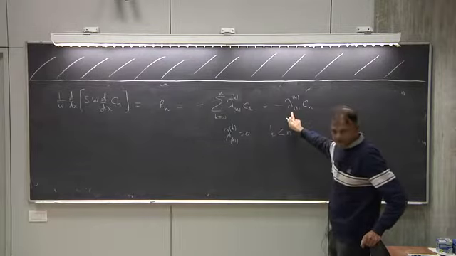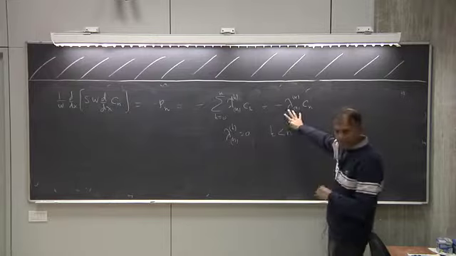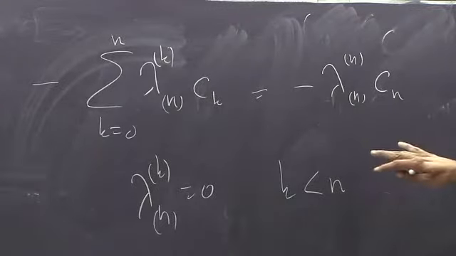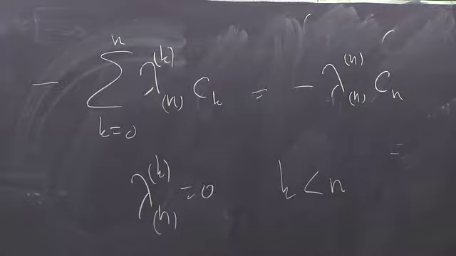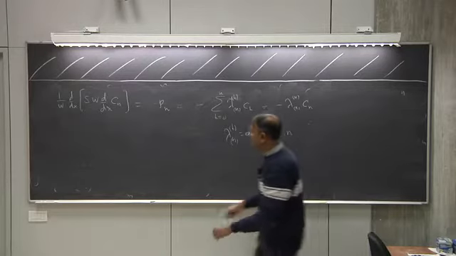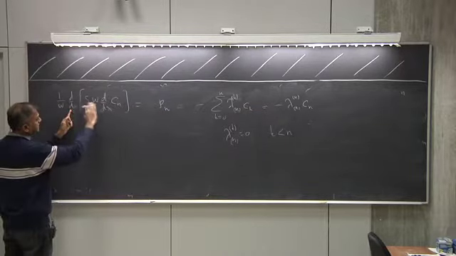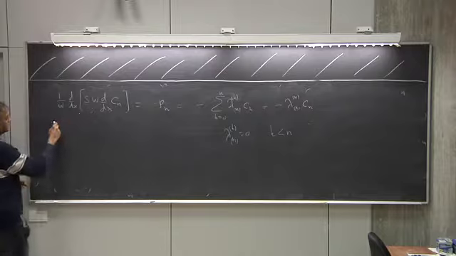This number is still not determined. It's some number, but we have to determine it. But whatever that number is, on the left hand side I can open up this derivative, just apply it, and I will get several terms.